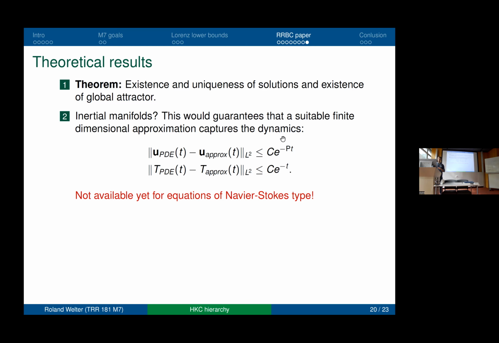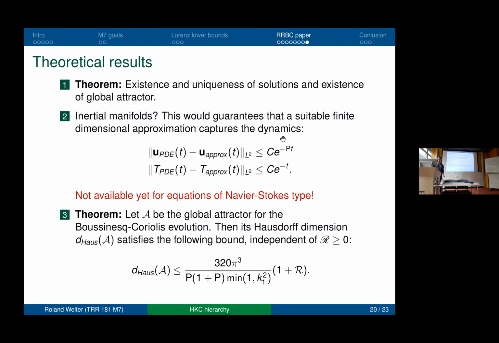But this type of theorem is not available for equations of Navier-Stokes type yet. Even legendary mathematicians with long careers can't prove this, so definitely not me.